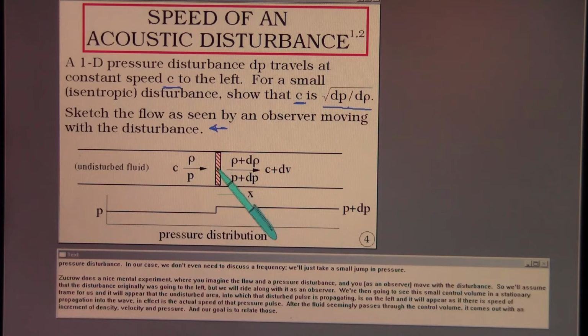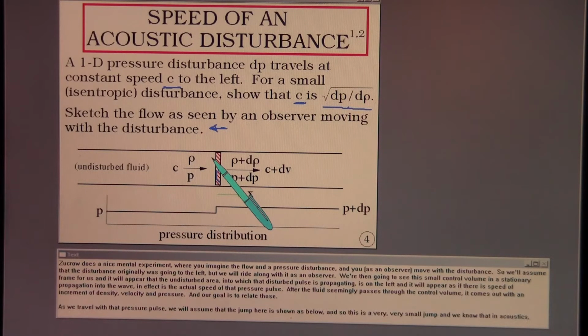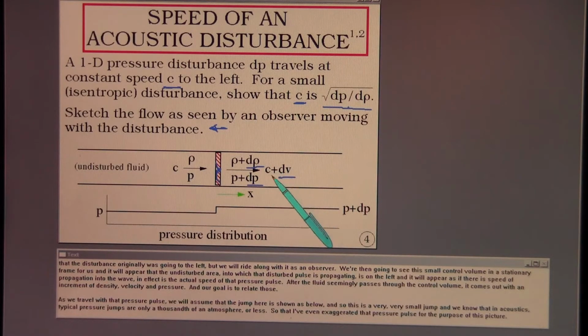We're then going to see this small control volume in a stationary frame for us, and it will appear that the undisturbed area into which that pressure pulse is propagating is on the left, and it will appear that there is a speed of propagation into the wave, which in effect is the actual speed of that pressure pulse. After the fluid seemingly passes through the control volume, it comes out with an increment of density, velocity, and pressure, and our goal is to relate those.